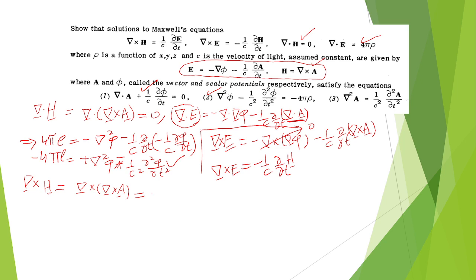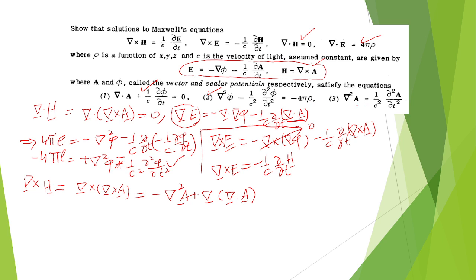It is minus nabla square A plus the gradient of the divergence of A. Now we have to use these conditions.